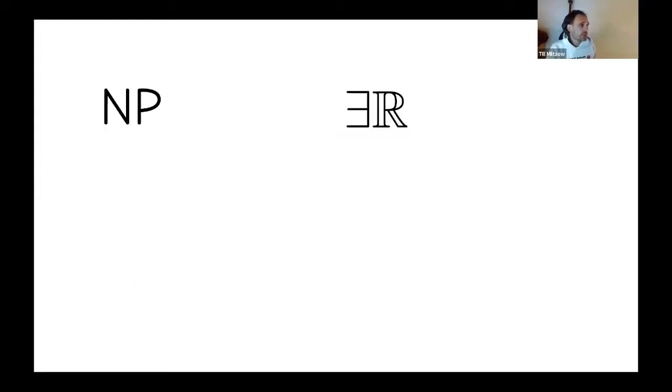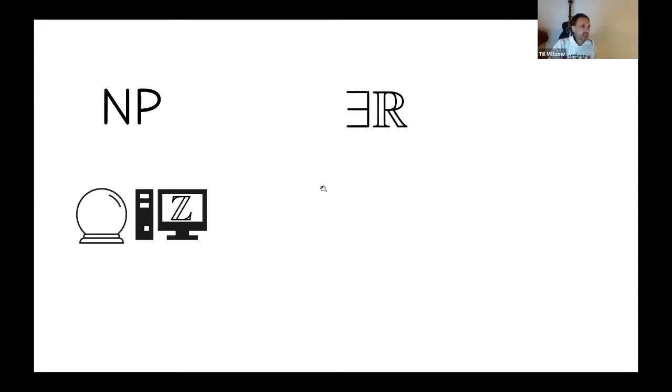So what is this mysterious complexity class, the existential theory of the reals? Let's reiterate what NP is. I assume you know what NP is, but the specific way of looking at NP is to say we have this crystal ball and we get a solution, and then on a word RAM we verify that the solution is correct.